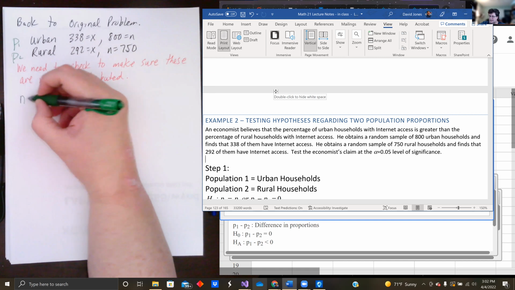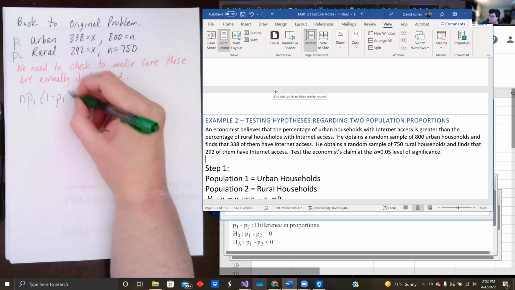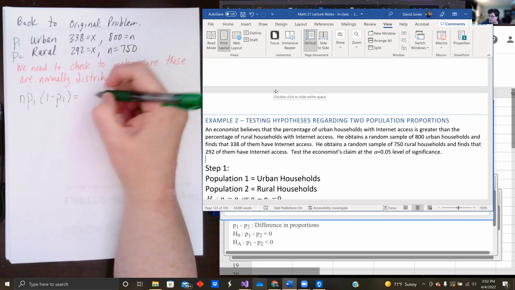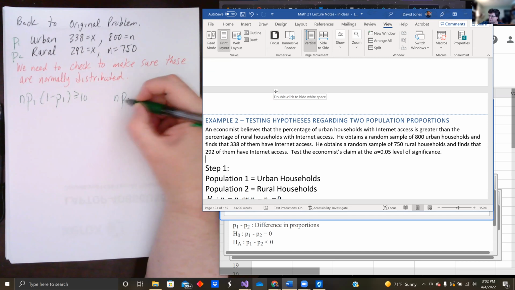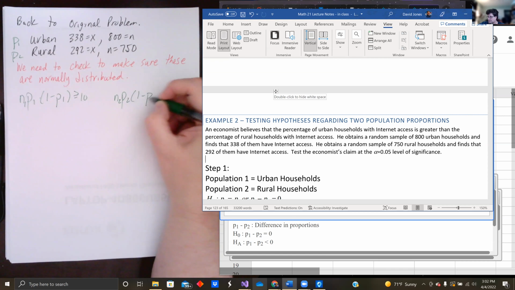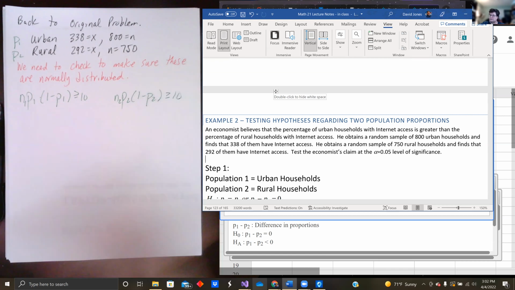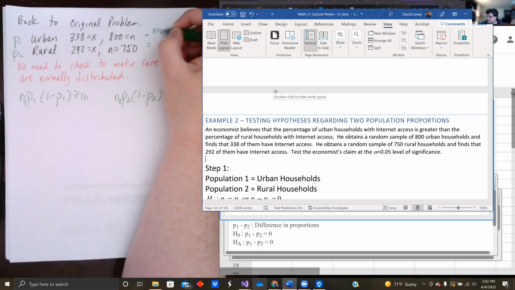And we need N times P1 times 1 minus P1 to be greater than or equal to 10. And we need the same thing for P2 with N2. So in this circumstance, well, let's figure out what P1 and P2 are. P1 is 338 over 800.